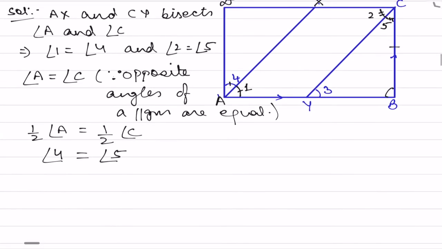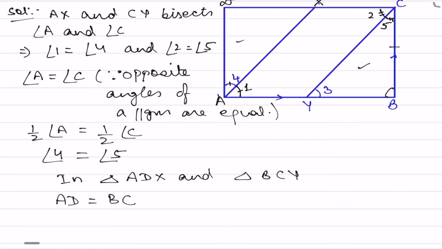Now we have to prove the congruency of these two triangles. In triangle ADX and triangle BCY, first condition is AD is equal to BC. Second is angle B and angle D are equal. So what is the reason for both?